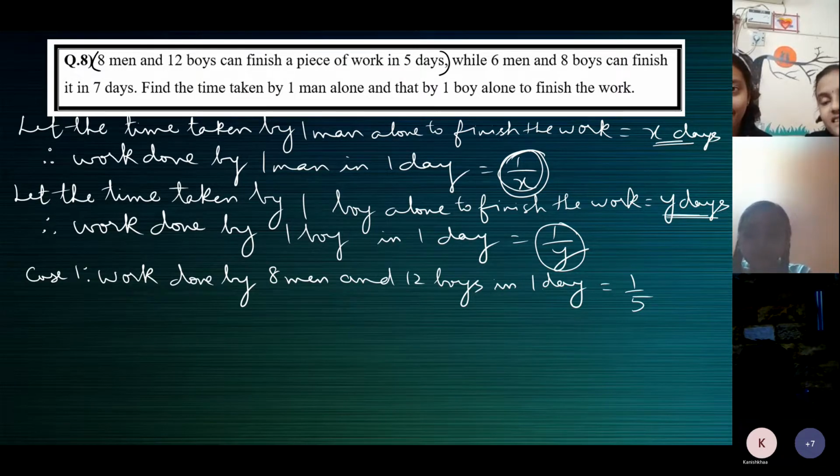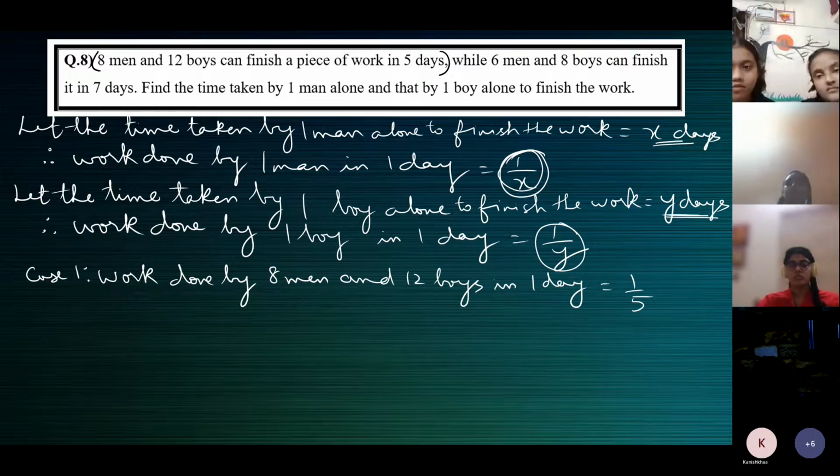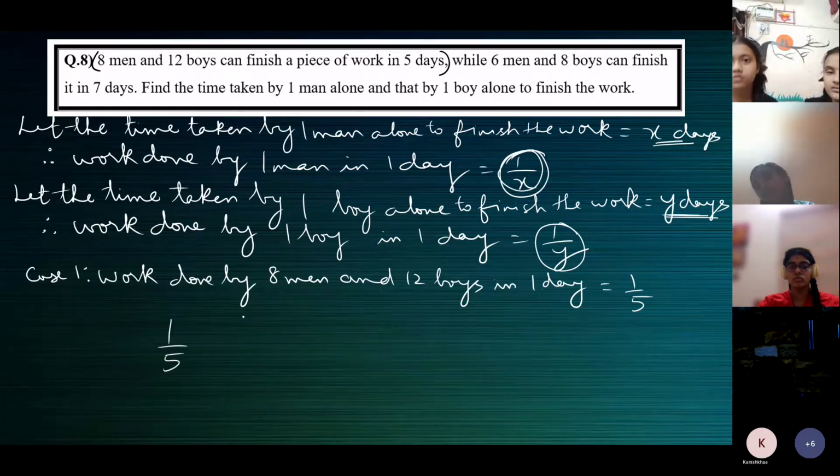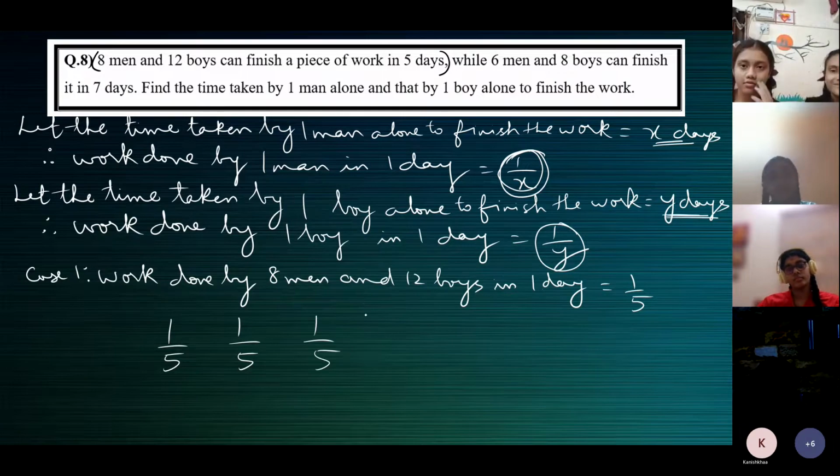Today, this combination finishes 1 by 5, tomorrow 1 by 5, on the 3rd day 1 by 5, then on the 4th day and the 5th day. So totally 5 by 5, which is 1.